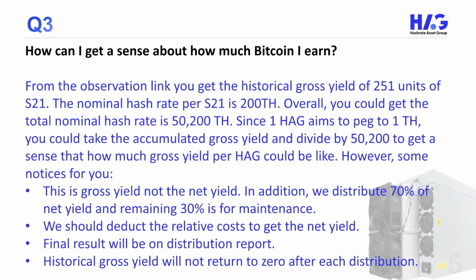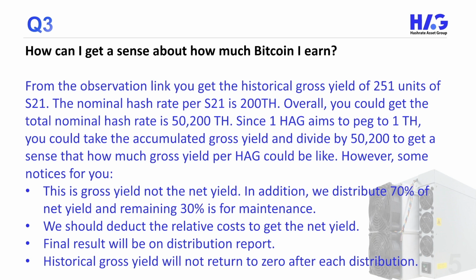And like we mentioned in the PPM, one HAG aims to pack 1 terahash per second. So you could take the accumulated gross yield and divide it by the 50.2k terahash per second to get how much gross yield per 1 terahash per second, or aka how much gross yield per HAG could be. So I think this is a simple way for you to get some sense of how much gross yield you could get per terahash per second.